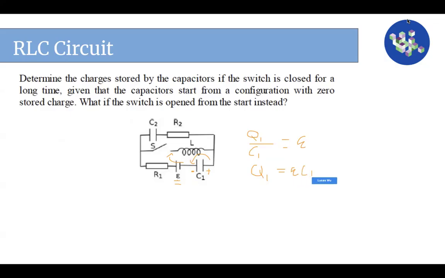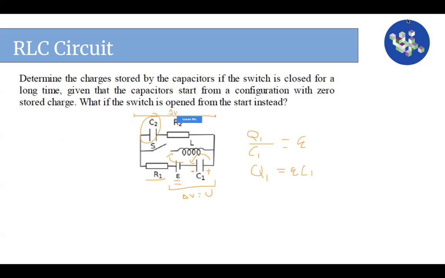Now, how do we find the charge on capacitor 2? Well, because there's no current, there won't be a voltage drop across this resistor, right? And I know that the voltage drop over here, delta V, is equal to zero. Because this branch over here is connected in parallel, I know that this also must have a delta V of zero.